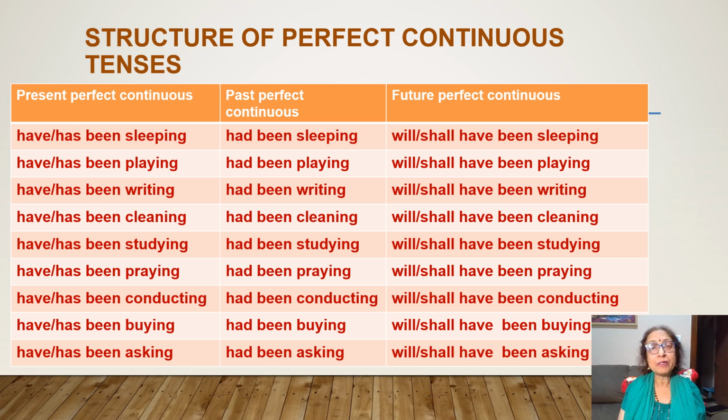For the present perfect, you will say has been sleeping, have been sleeping. For the past perfect continuous, you will say had been sleeping. And for the future perfect continuous, you say will have been sleeping or shall have been sleeping. Shall is used only for the first person singular and plural. Will is used for the second and third person, both singular and plural.